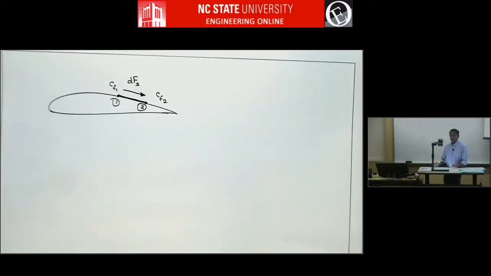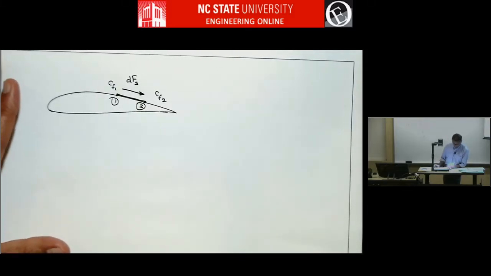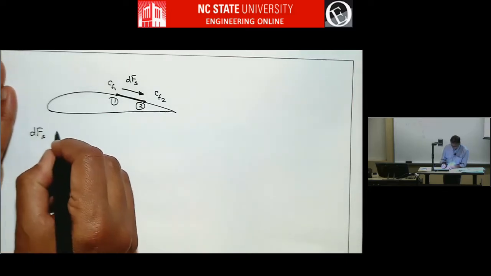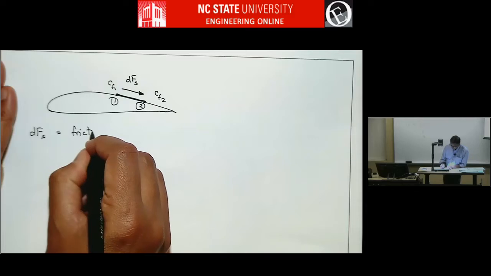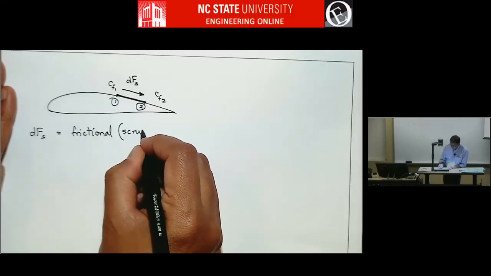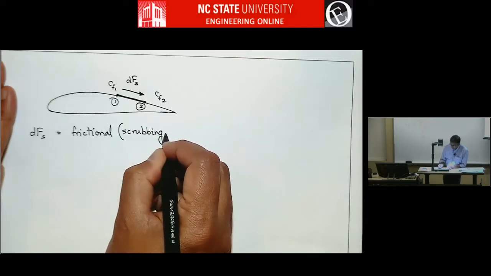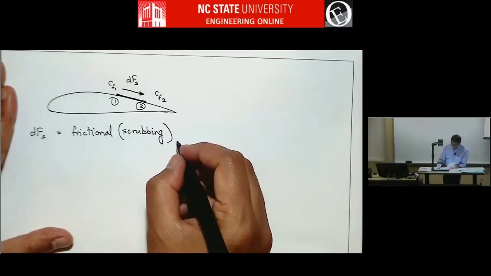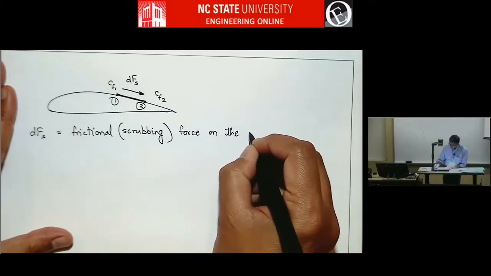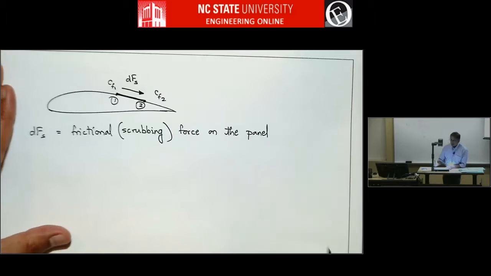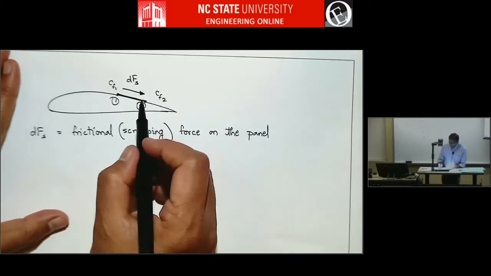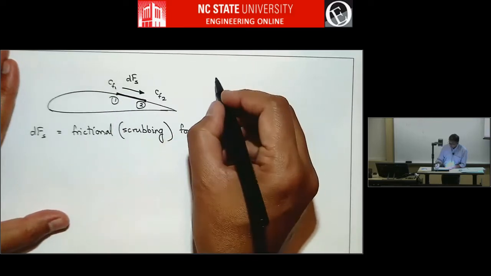I'm just giving a name. It's not some kind of standard convention. What I mean by DFS is the frictional, or to put it in different language, scrubbing force on the panel. So this, by definition, acts tangential to the panel. So if you have two CF values, you just take a mean.